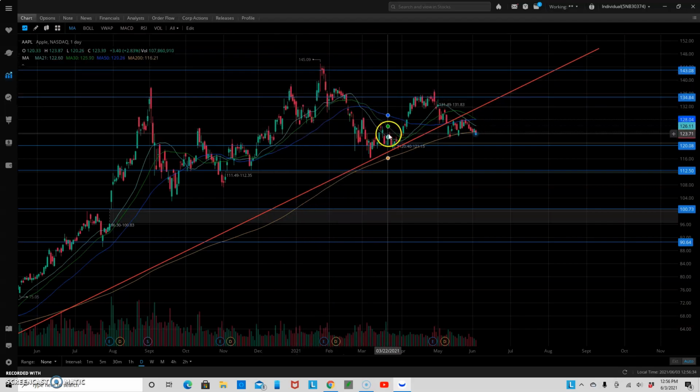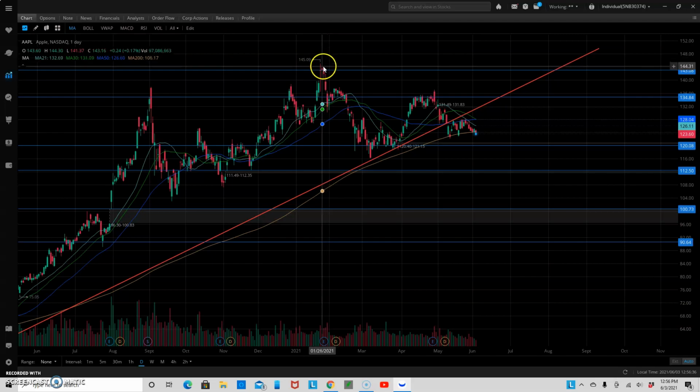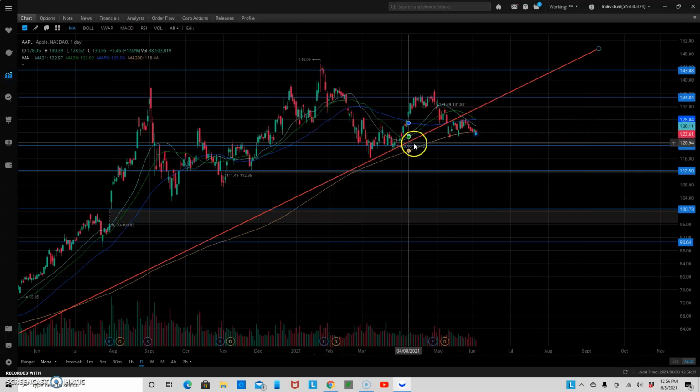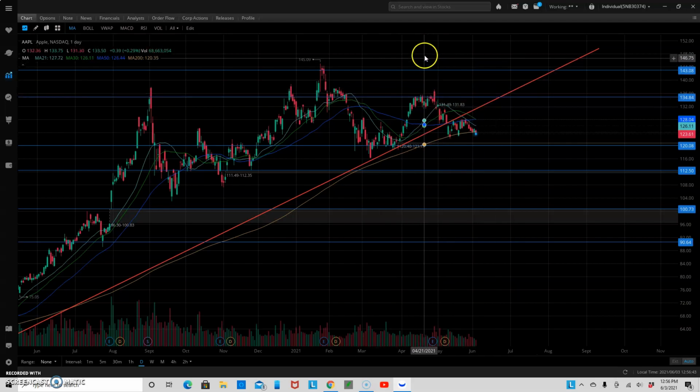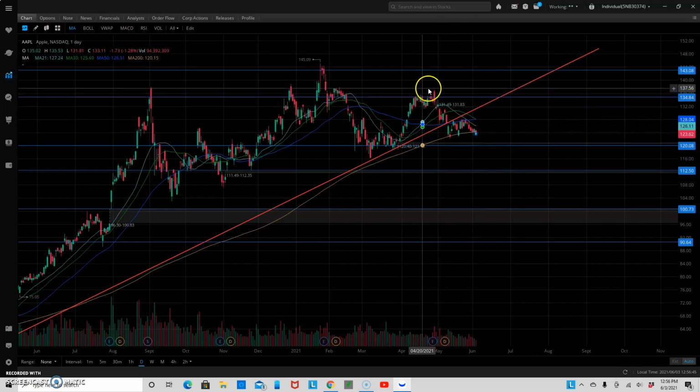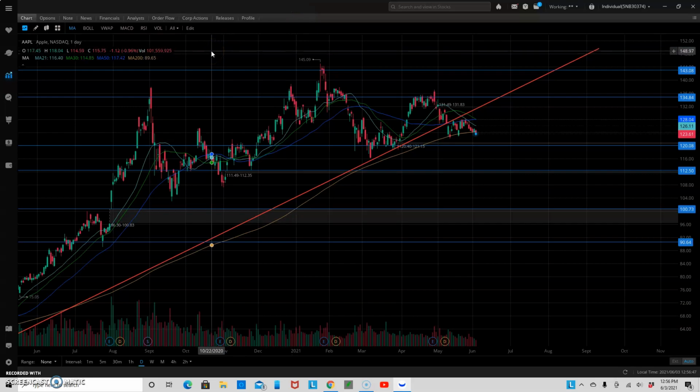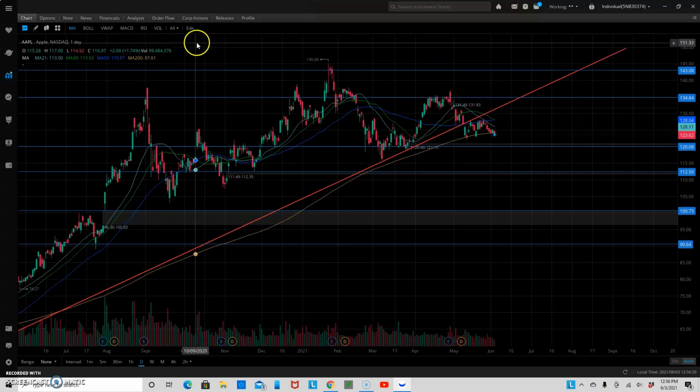It kind of looks like a roller coaster here since they hit their all-time high right here. It dropped down a lot, all the way down to 120, went back up to around 135, and now it's coming back down here.